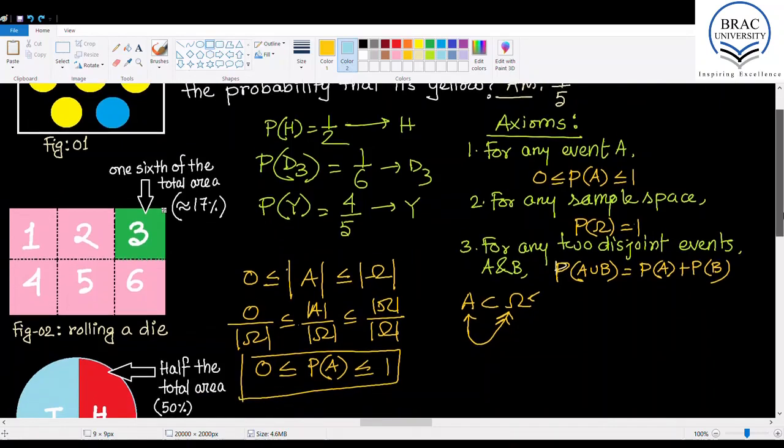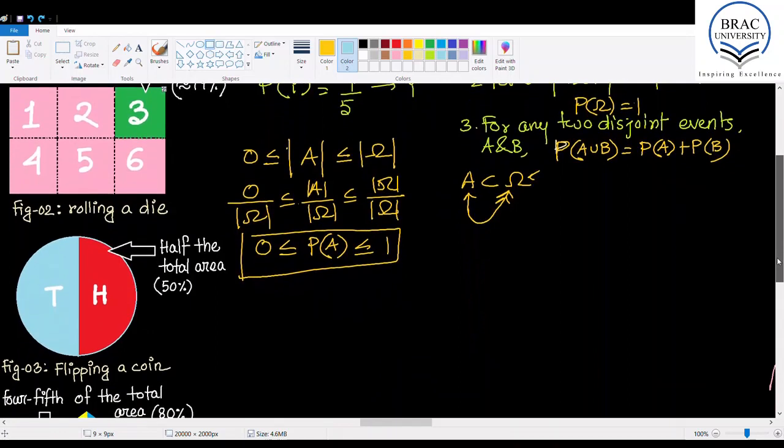So look at figure 3, where we have tried to show the Venn diagram for the experiment of flipping a coin. Here the H with the red region covers 50% of the area. That is why the probability is half. It's also within the bound of 0 to 1.